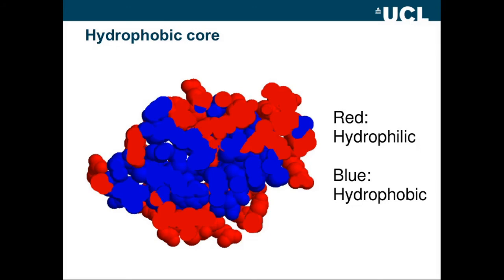And you can see that not exclusively, but the bulk of the hydrophobic residues, the dark blue residues, are in the middle, and the hydrophilic residues, the red residues, are on the surface. Of course, there are a few of the blue hydrophobic residues that poke out onto the surface, and there are one or two of the hydrophilic residues that are buried inside. But as a general rule, we have this really obvious hydrophobic core.